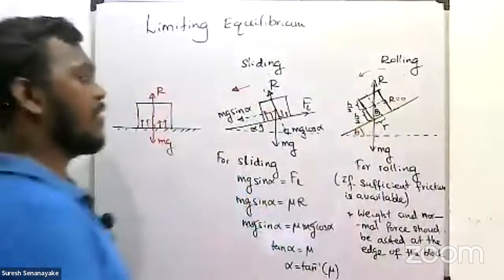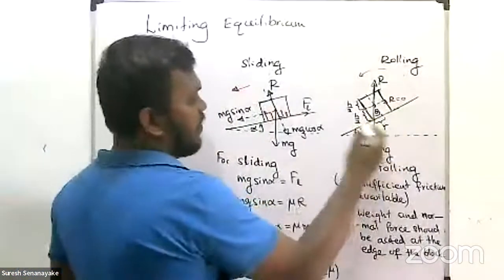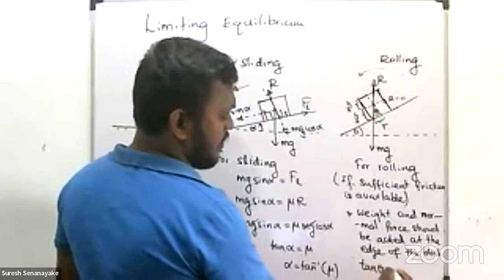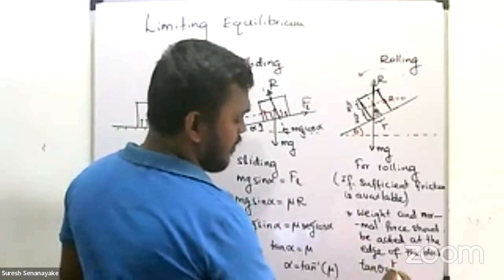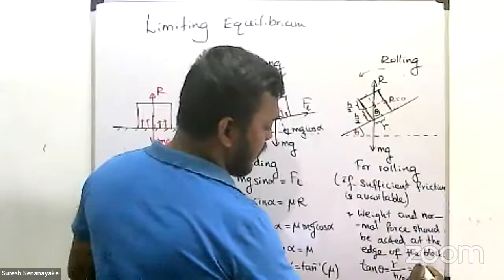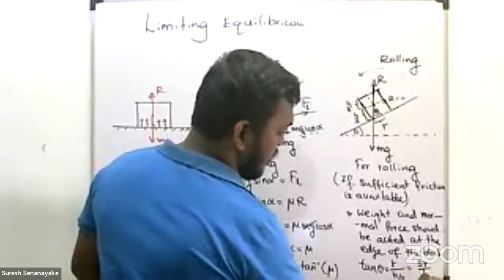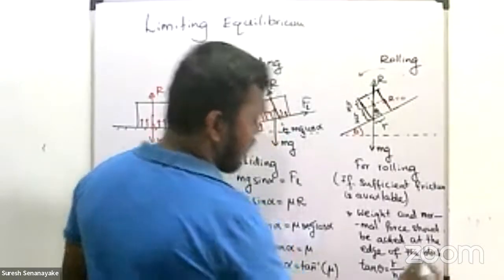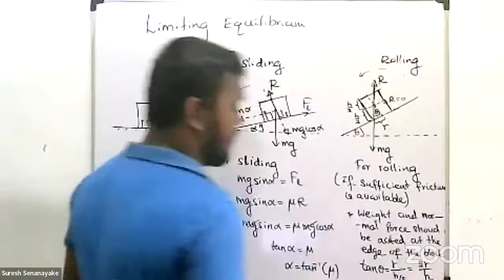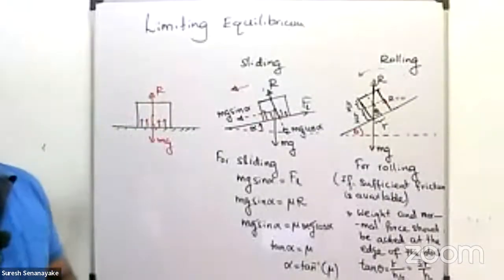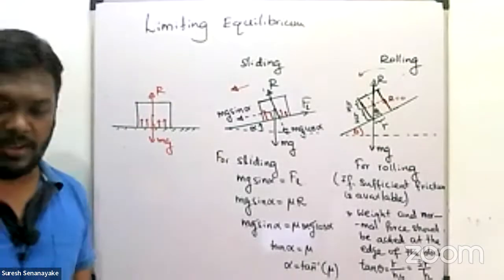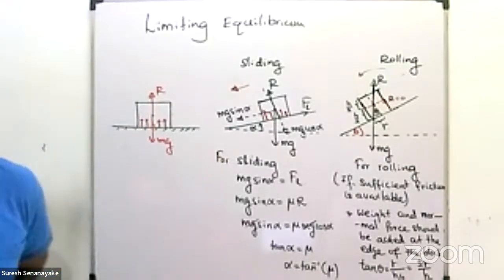So then directly you can write tan theta equals r divided by h over 2, so it will come up as 2r over h. Using this you can find the angle at which the object rolls down. 2r over h, so that's the way you can find the condition for rolling and sliding.